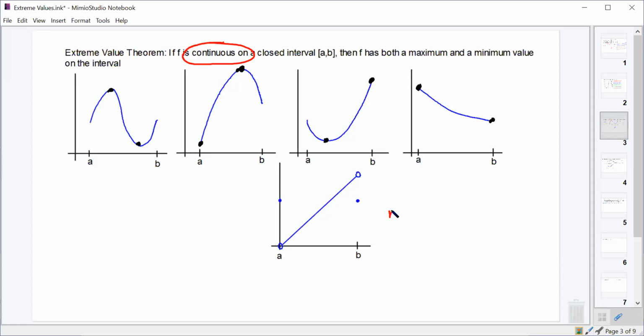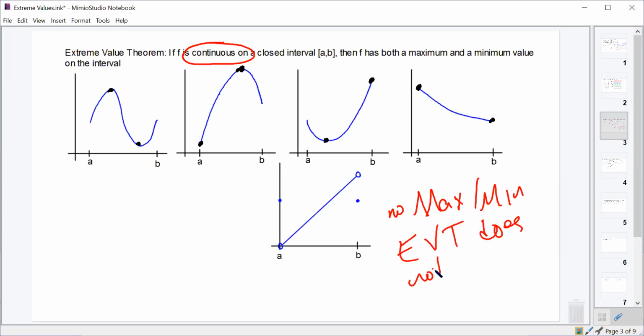So this one has no max or min, and we would say that the extreme value theorem does not apply because it's not continuous on a closed interval from A to B.